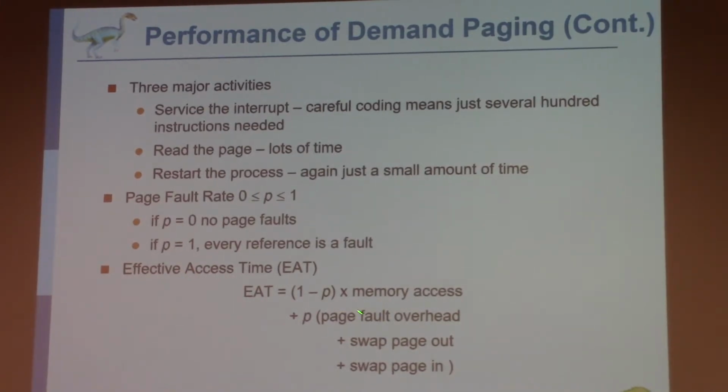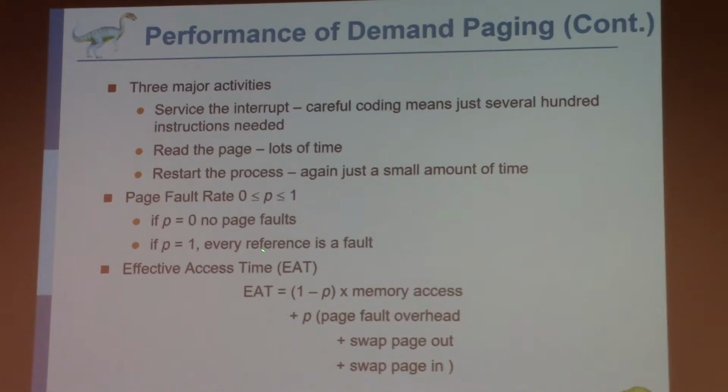Then we can calculate the performance of such demand paging. That is evaluated by the effective access time. So how many of them are from the memory access? And the 1 minus p means what? There is a percentage, okay? p is the ratio of accessing the page from memory, and 1 minus p is the page fault.